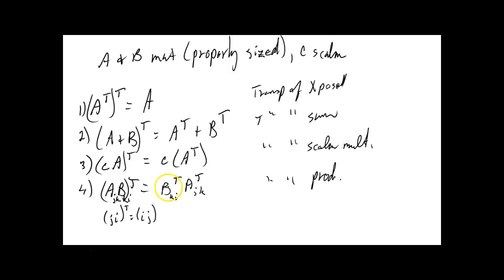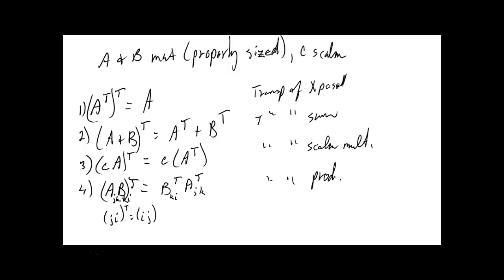Now, remember B was a K by I, and A was a J by K. Let's back up. What if we had transposed the A? Then that would have become a K by J. And if you transpose the B, it would have been an I by K. This would have been a K by J, that would have been an I by K. Can you multiply those? No, you can't. So you can't just transpose them in order.